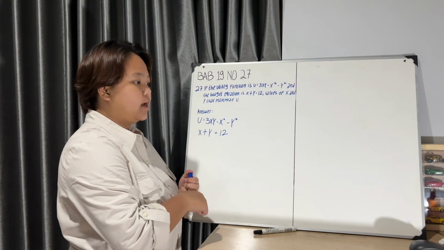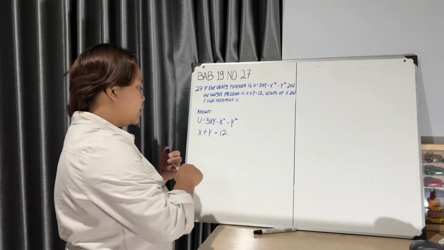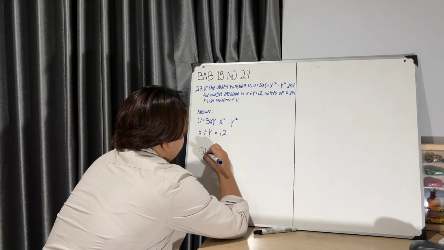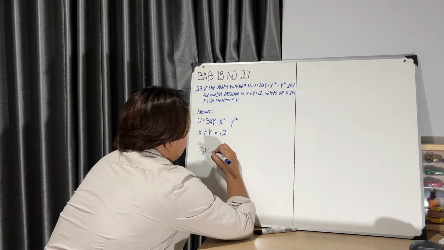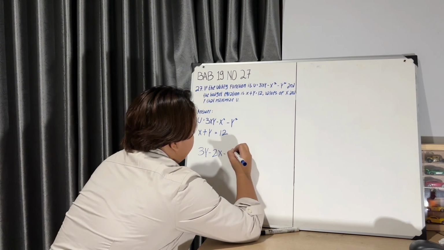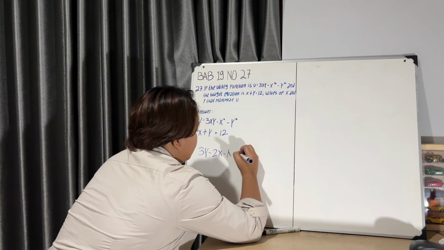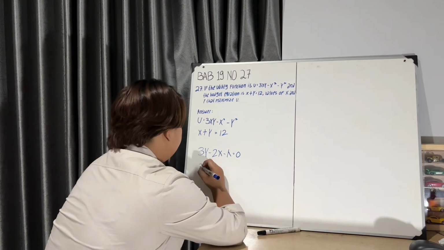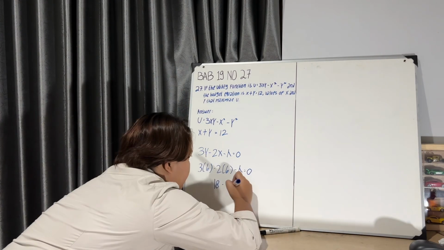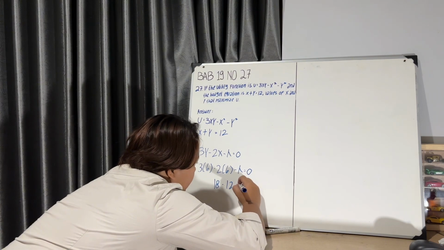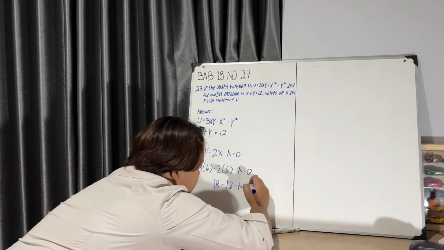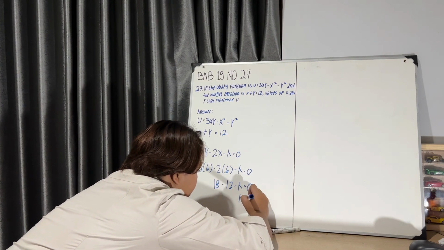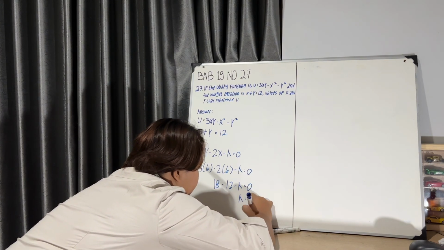Find the lambda. Look at equation 1: 3y minus 2x minus lambda is 0. 3 times 6 minus 2 times 6 minus lambda is 0, and lambda is 6.